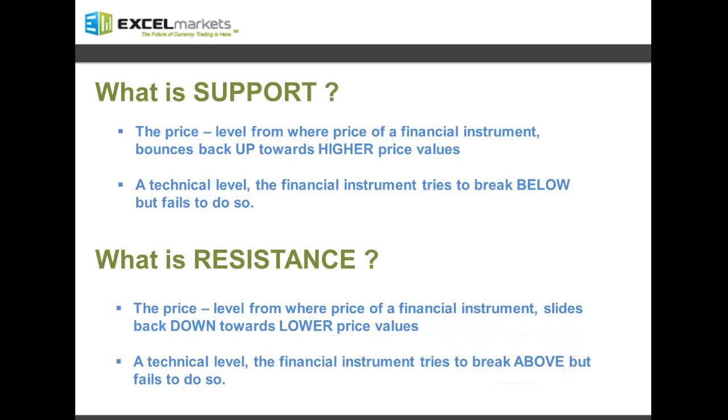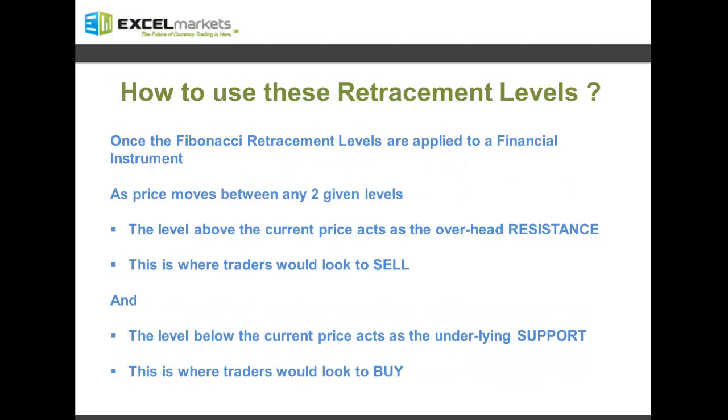Once the Fibonacci retracement levels have been applied to the chart of the financial instrument you are trading, the retracement levels act either as the overhead resistance or the underlying support, depending upon the current price level of the instrument traded. As the price moves between any two given retracement levels, the level above the current price acts as the overhead resistance.